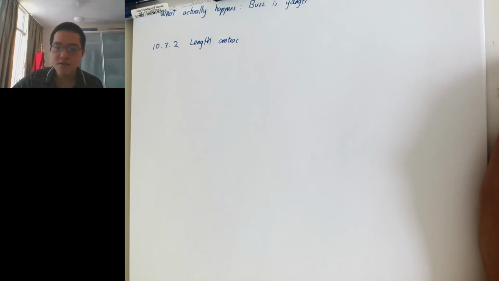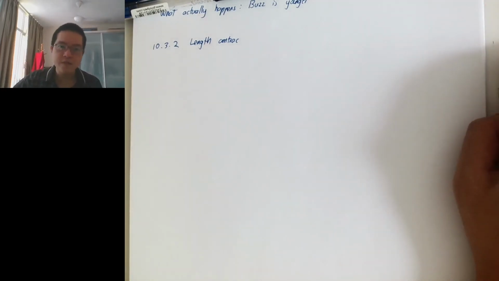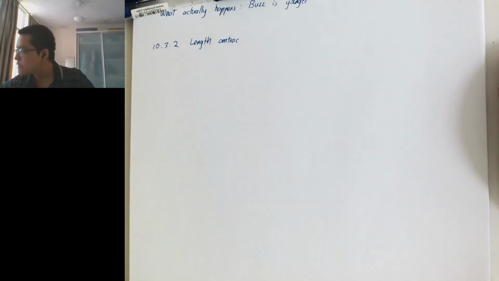So these are the issues relating to accelerating frames, which we need general relativity to solve. So it's more tricky than that. So for special relativity, everybody is moving at constant speed relative to each other. So we just consider the case where Alice and Bob are moving at constant speed relative to each other.